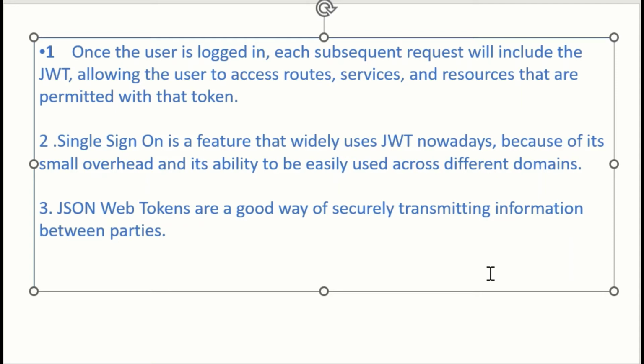Once the user is logged in, each subsequent request will include the JWT, allowing the user to access the services, page navigation and resources, all permitted with that same token. It also has expiry dates, so we can set how long it remains valid.